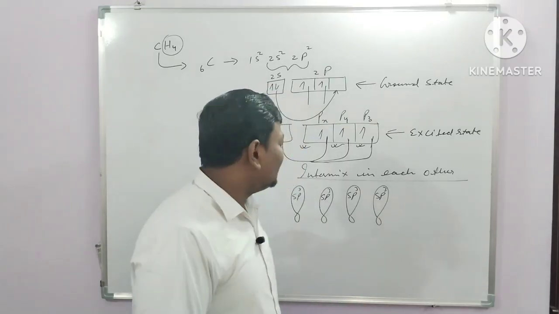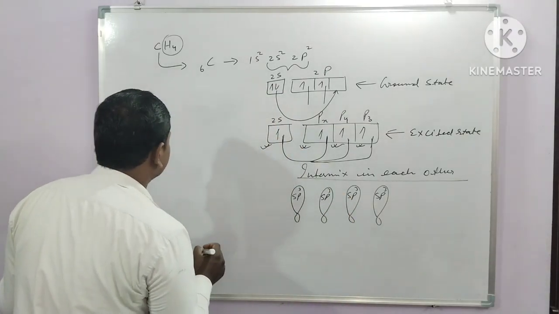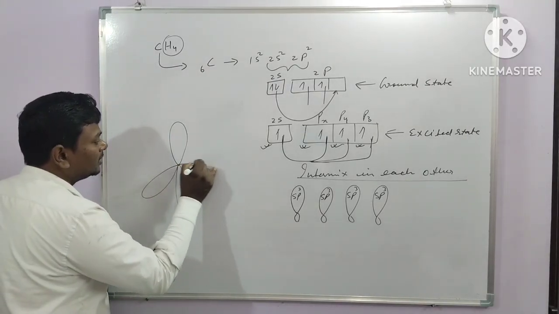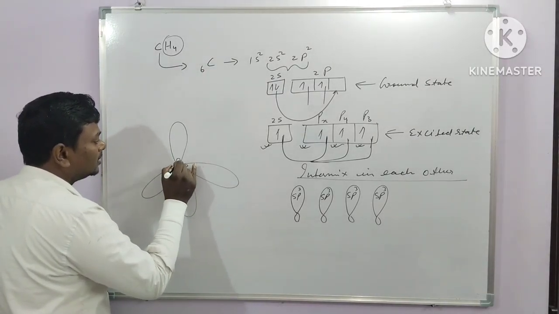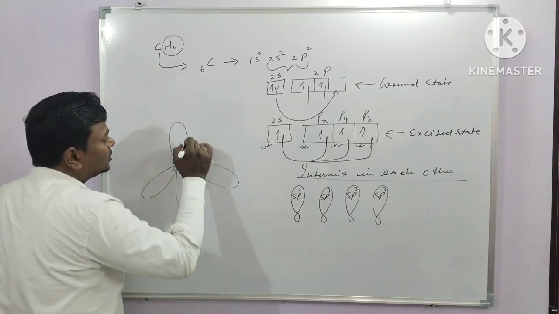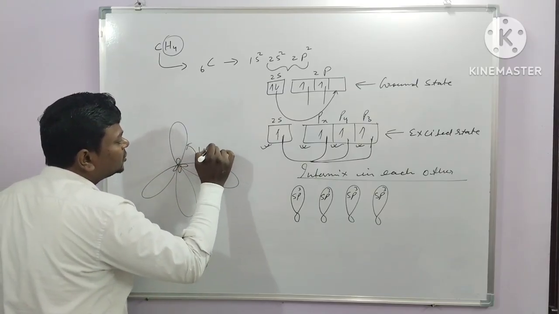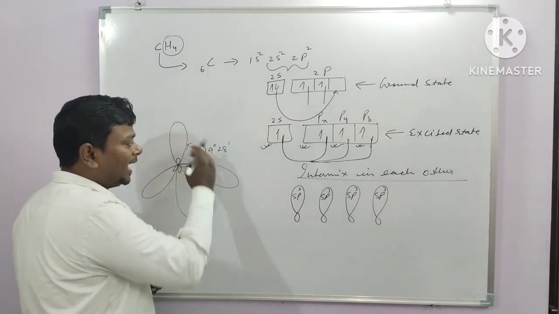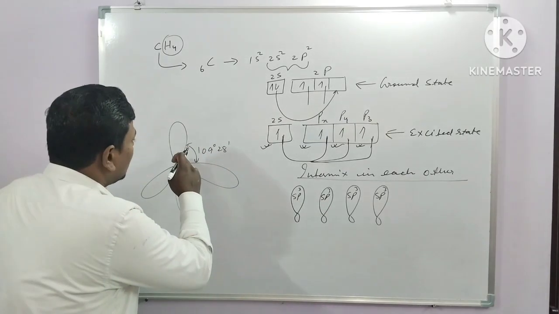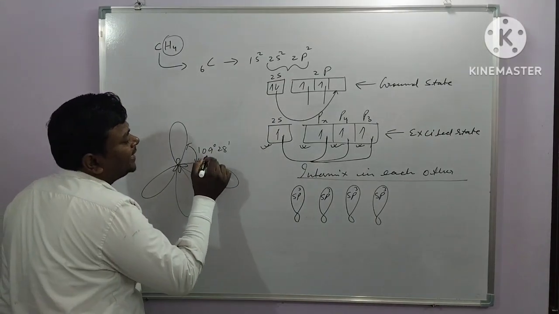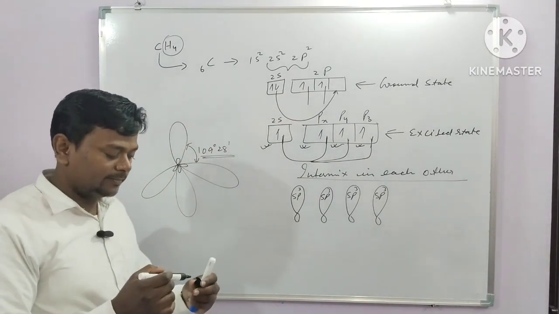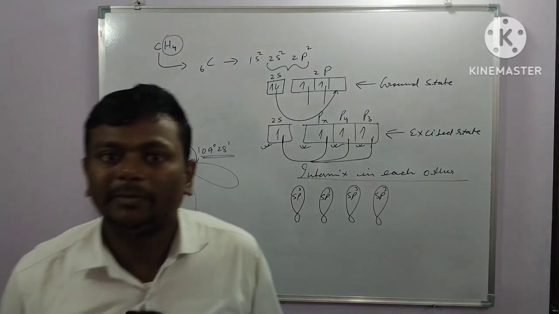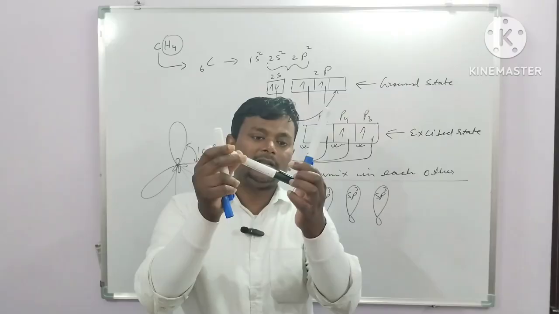Okay, so they are going to have a 109 degree 28 minute bond angle, or orbital angle, between them. Okay, how is this 109 degree 28 minute bond angle formed? Because see, if they have 109 degree 28 minute, then this is the orbital that is going to form.